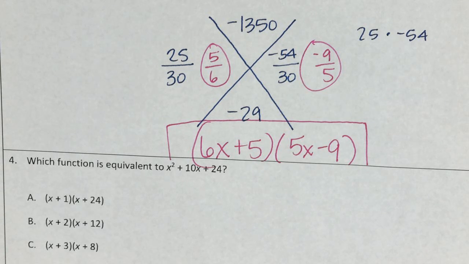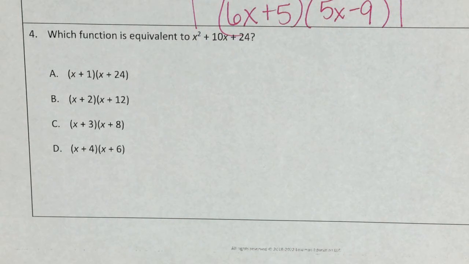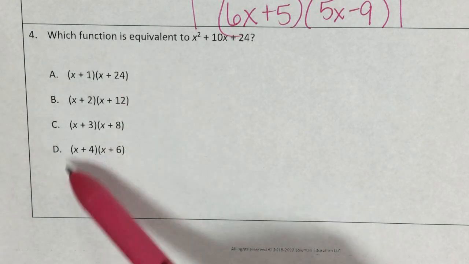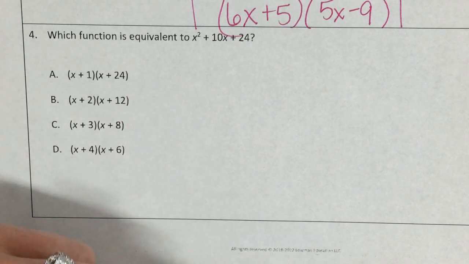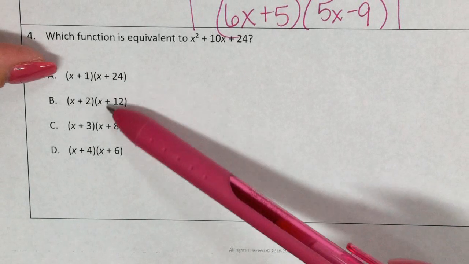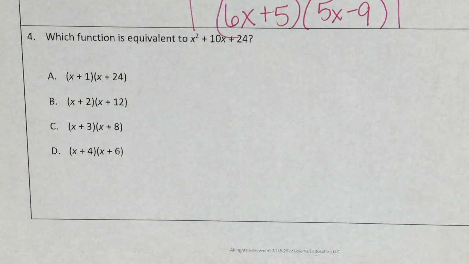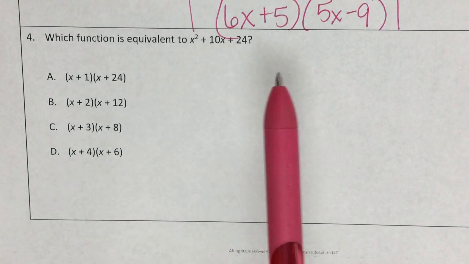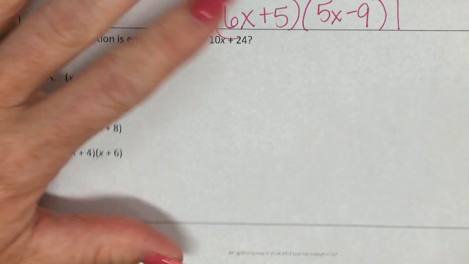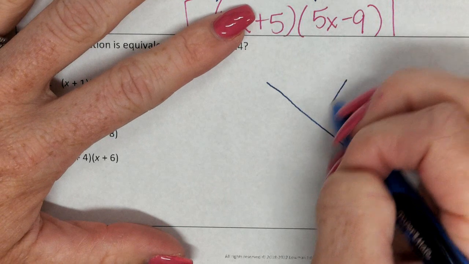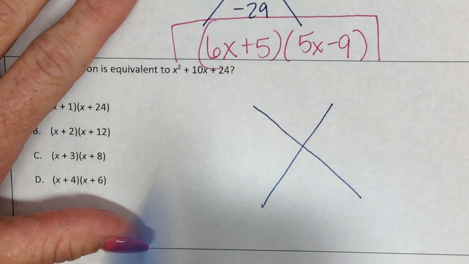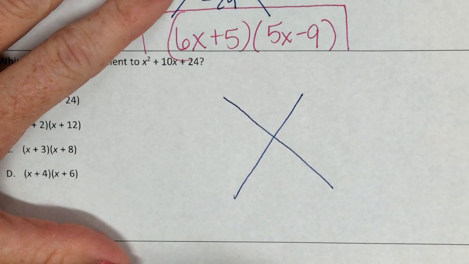Are we okay? Now, on this next one, since it's multiple choice, you have two different ways you could do it. You could use the X method, or you could use your answer choices and do what? FOIL. Okay, now if you're good at FOIL, do FOIL, but here's the deal. There's 4 of them. You might have to do all 4 when this is an easy one to factor. See what I'm saying? So I would just do the X method. All right, what's A times C? 24.